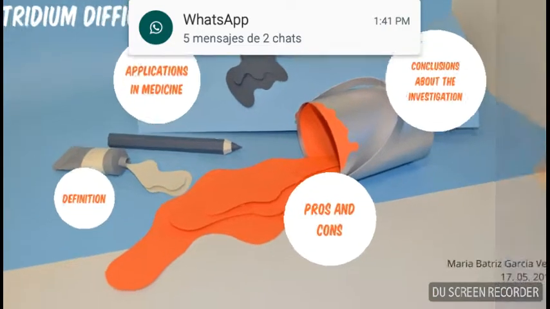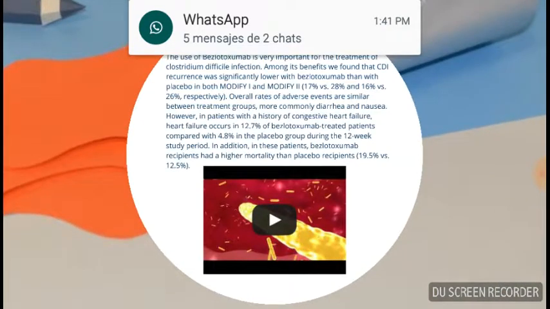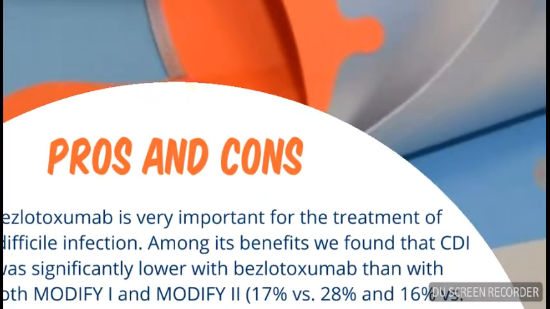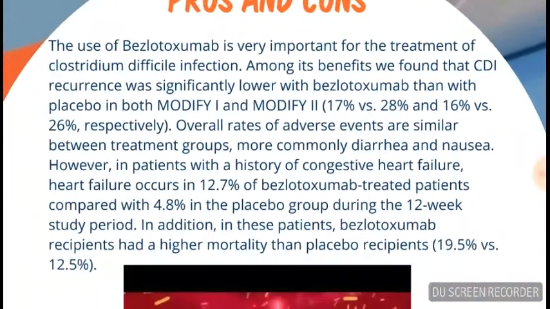Pros and cons. The use of Bezlotozumab is very important for the treatment of Clostridium difficile infection. Among its benefits, we found that CDI recurrence was significantly lower with Bezlotozumab than with placebo in MODIFY 1 and MODIFY 2. The overall rate of adverse events was similar between treatment groups, most commonly diarrhea and nausea.